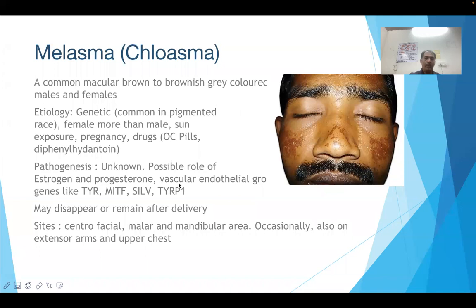There are many treatment modalities depending upon whether the pigmentation of melasma is superficial or deep. Being superficial, it is called epidermal melasma, which is easy to treat. When the pigmentation is deep, it is dermal melasma, and it might require several different treatment modalities.